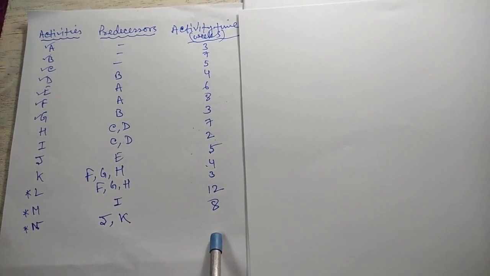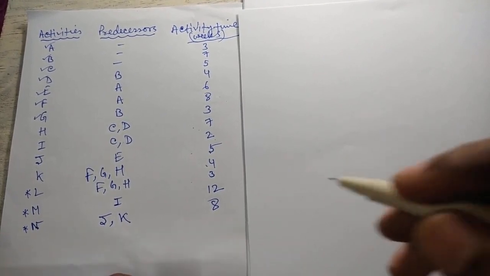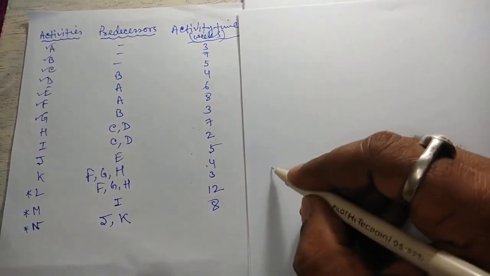Now you have to construct the CPM network. So you start from here. Now see, this is the starting node.